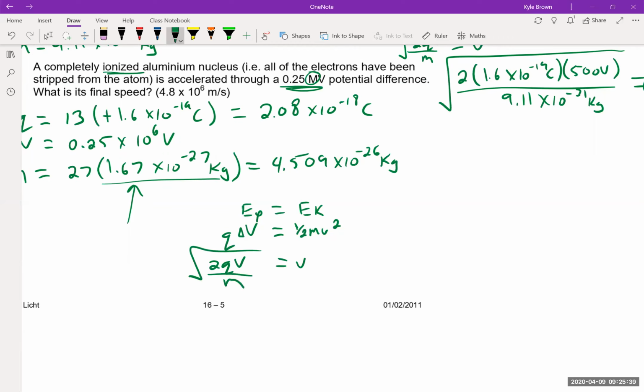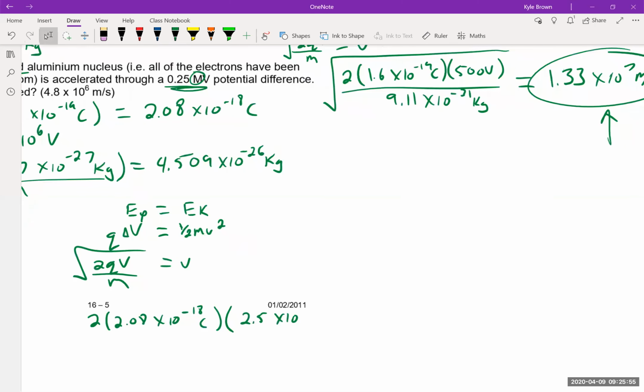So that would just be 2 times 2.08 times 10 to the negative 18 coulombs times 2.5 times 10. Either way, you can write this, let's write it the other way just so that we don't confuse ourselves.